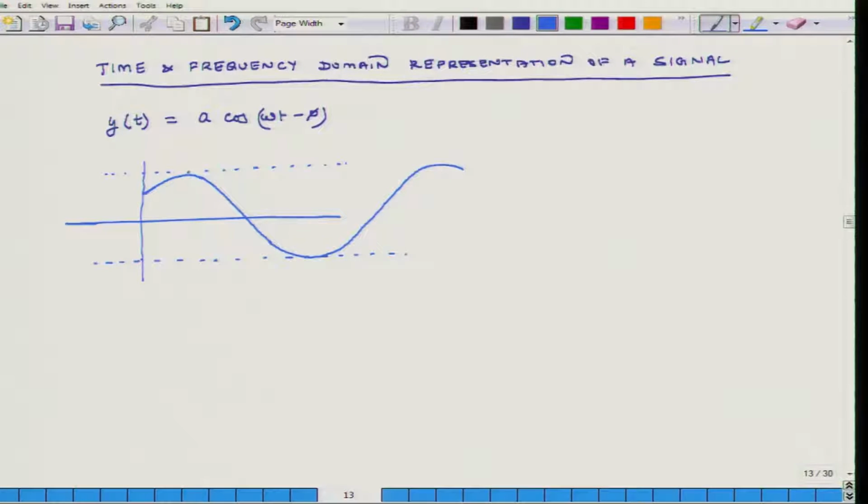Okay. So, on the x axis we are plotting time in seconds, and on the y axis we are plotting the magnitude of the signal. Now, its peak is a, and that represents the amplitude of the signal.